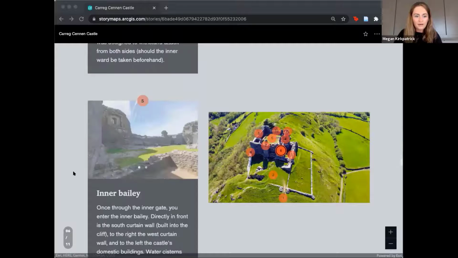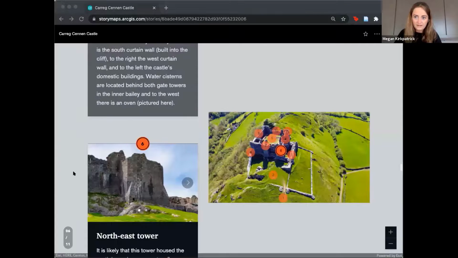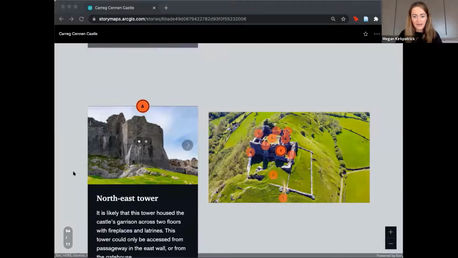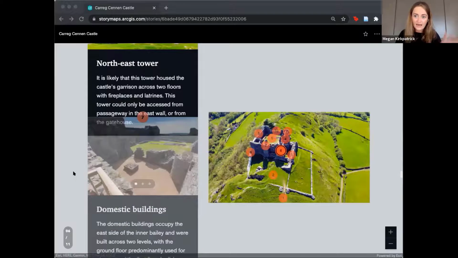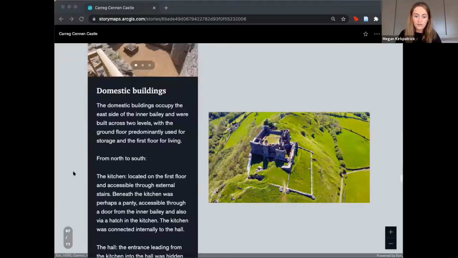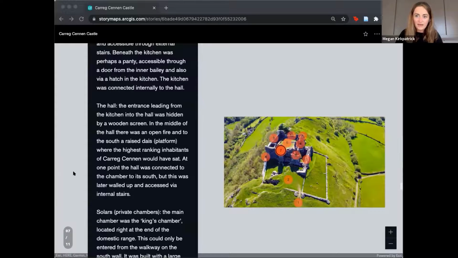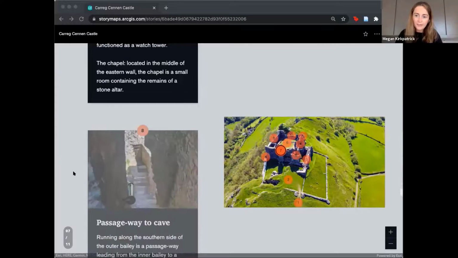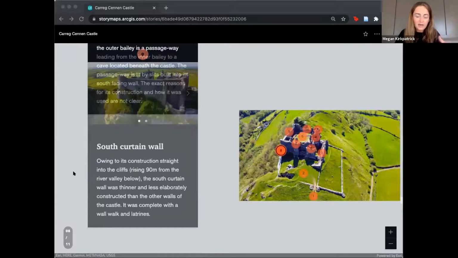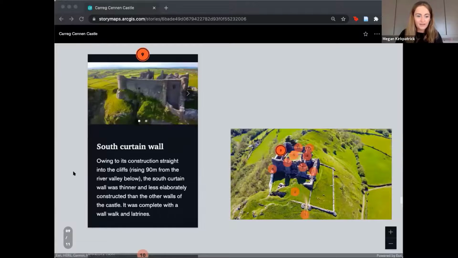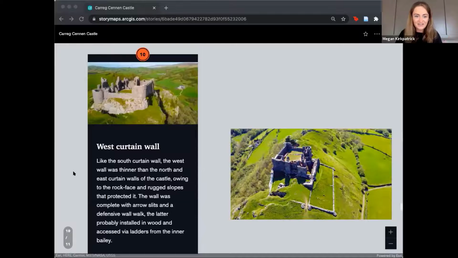It also allows a really fantastic level of orientation, which you wouldn't necessarily get if you were at the castle itself, because obviously you're not afforded this aerial shot of the castle. So that can be helpful just to place yourself within the site and the landscape more broadly. So I appreciate I'm going through this quite quickly, but there would just be too much to read otherwise.